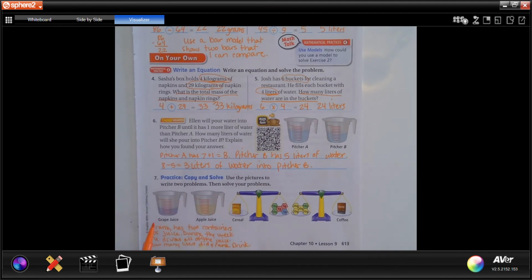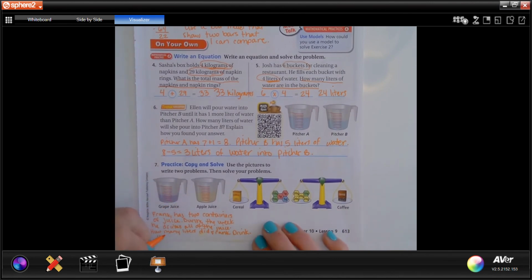Well, there are 4 liters of grape juice and how many of apple? And 6 liters of apple juice. Let me move this up so you can see. 6 liters of apple juice. So 4 plus 6 equals 10. And we're working with, what are these? These are liters, so 10 liters.